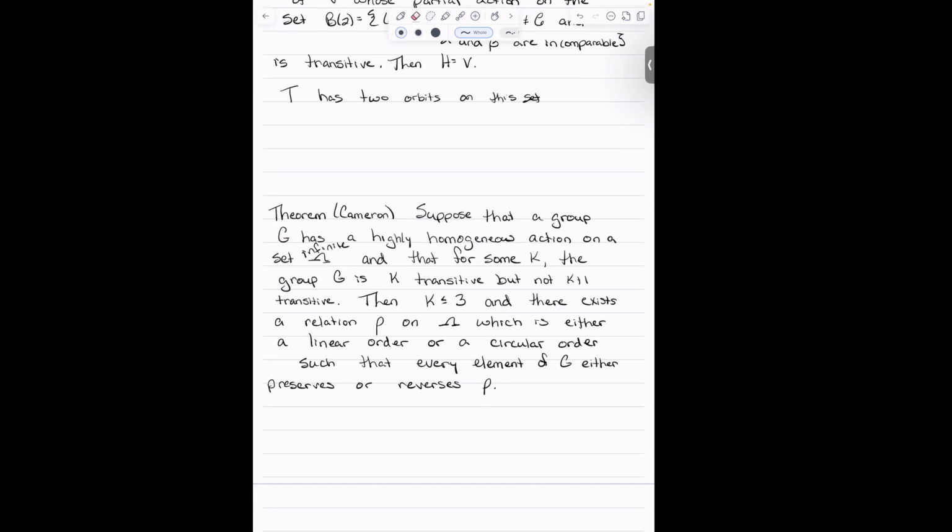And so Cameron's result is telling you that there are restrictions on how transitive actions can be, and that one should expect these linear orders, like Thompson's group F, although F is not maximal since it sits inside T, or these circular orders, which is going to give you T. And there are many other theorems of this flavor in the literature from this time period of understanding what subgroups of infinite symmetric groups can look like. And they're all saying that we should expect things that look like T or actions that are very transitive, basically.